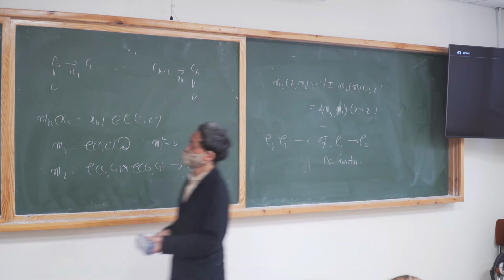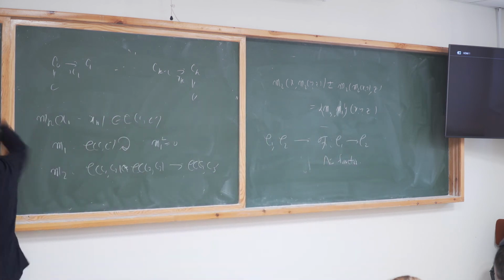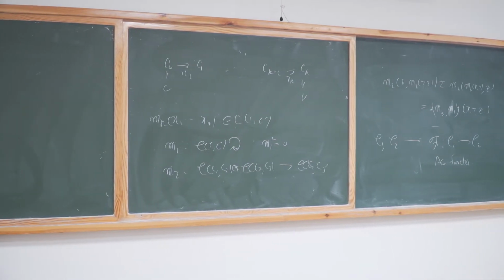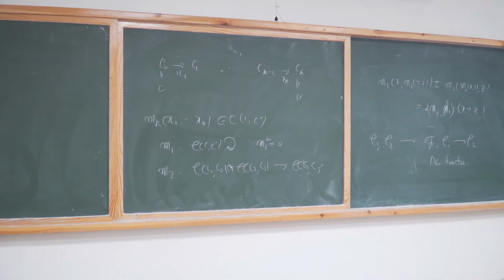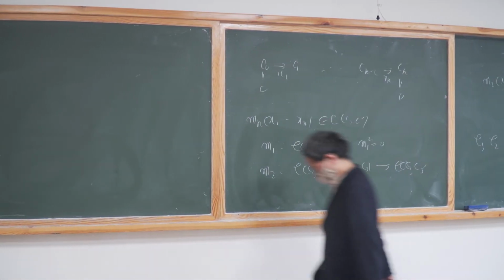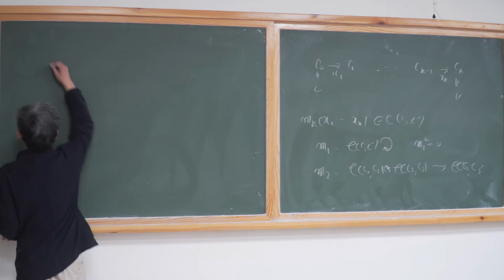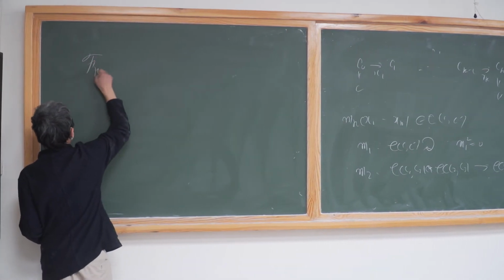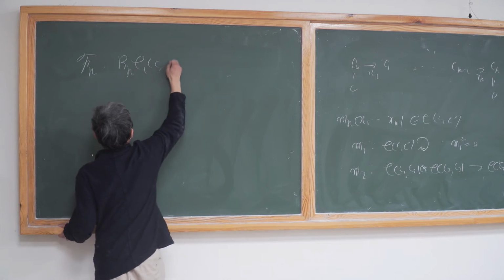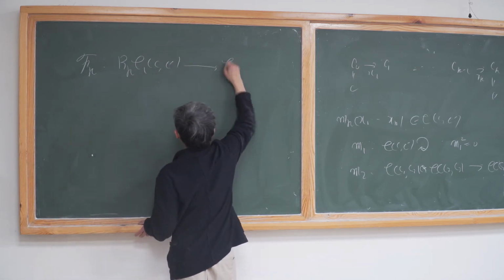This is a bit complicated. I just wrote down the formulas, and the actual construction is somewhat different. So this consists of F_k from C1 to C2.